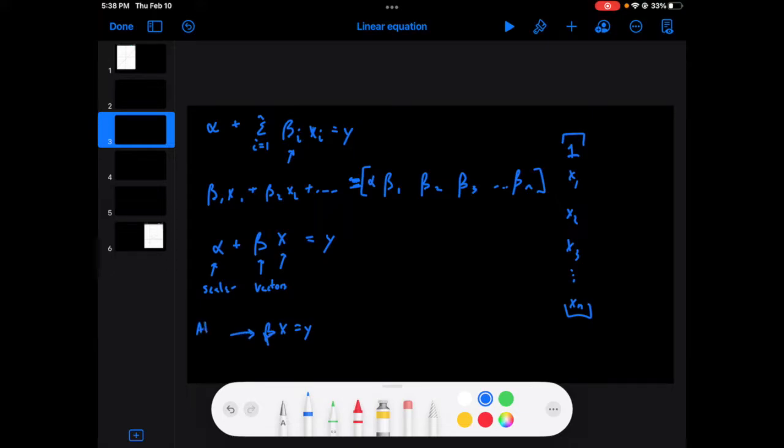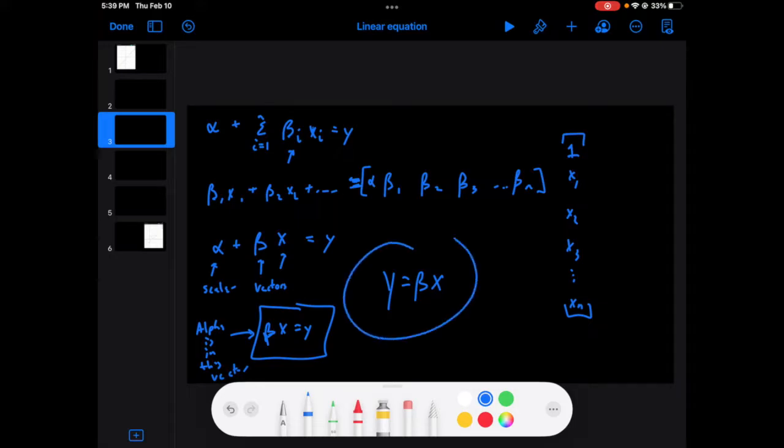And alpha is inside this vector. And this is the form that we're going to talk about. It's actually a lot easier to do a lot of the calculus and algebra stuff that we need to do if we just keep it in this form where these guys are vectors.